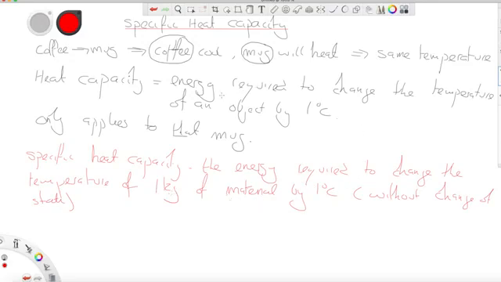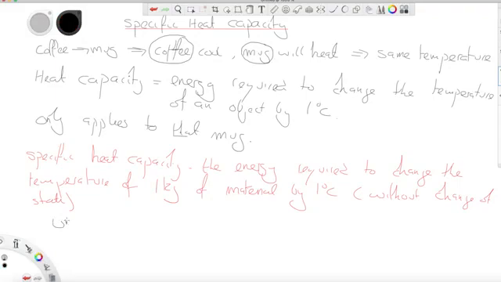You can see the similarities: energy required to change the temperature of by 1 degree C. Well, you have an object here, you have 1 kilogram of material here. But this is the one we use. We might work out the heat capacity of an object, but we're starting from the specific heat capacity of the material it's made of. So, that's the definition of specific heat capacity.